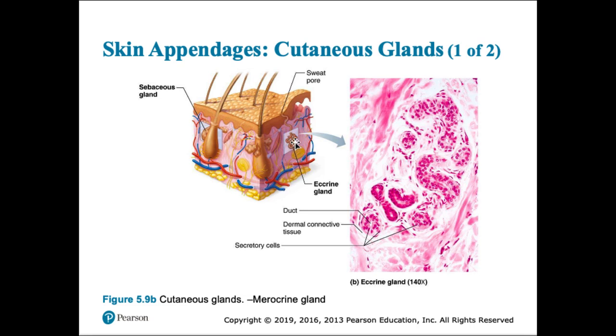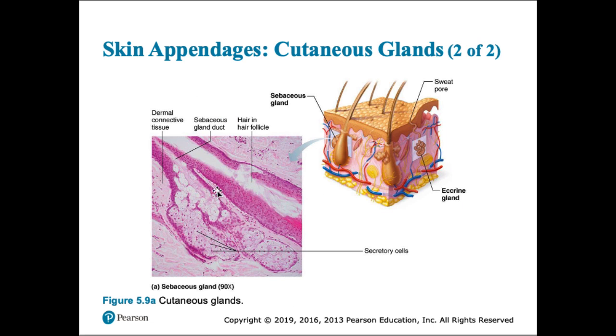There is also a gland here that will allow sweat to come out, this eccrine gland, and the apocrine gland. The sebaceous gland, of course, I mentioned in the last slide. This is the hair in the follicle, and this is the sebaceous gland duct where the oil can come out. So you can see what that looks like under a microscope.